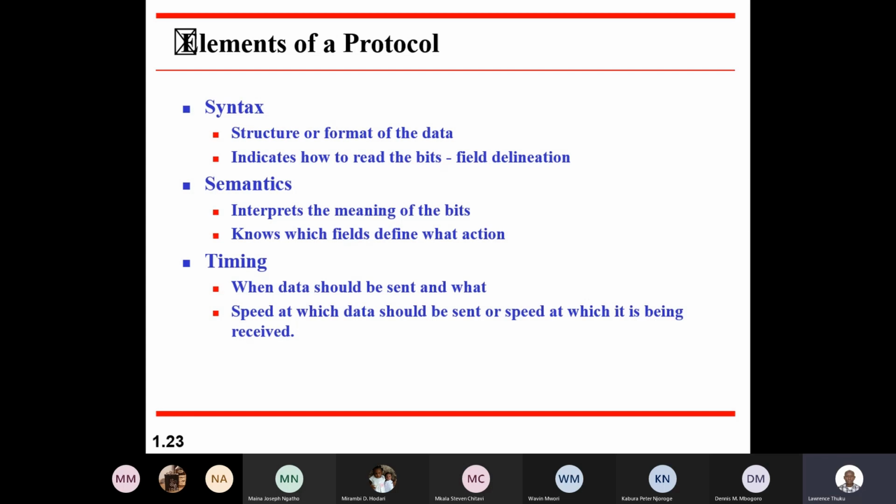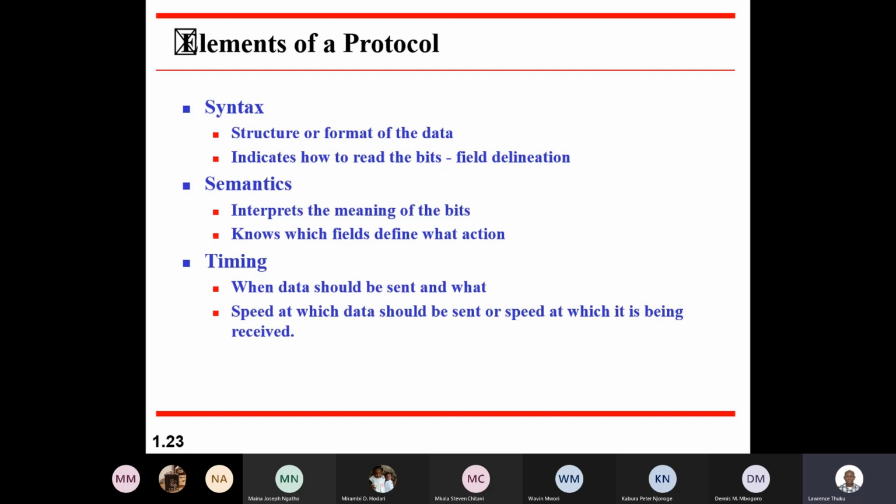So the syntax provides us the structure, the format of the data, how data must be presented. For example, HTTPS defines how data must be presented on your screen, so it provides that kind of format. And it indicates how to read the information which is being sent from one level to the other.